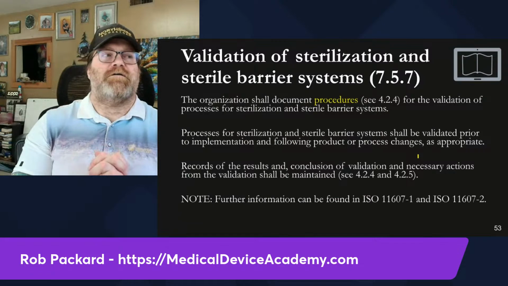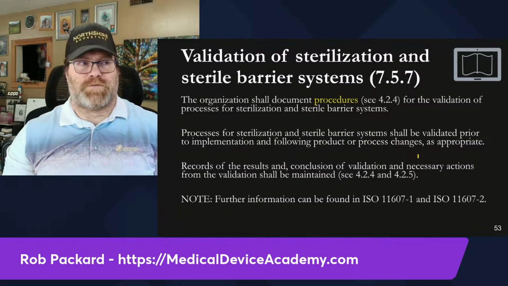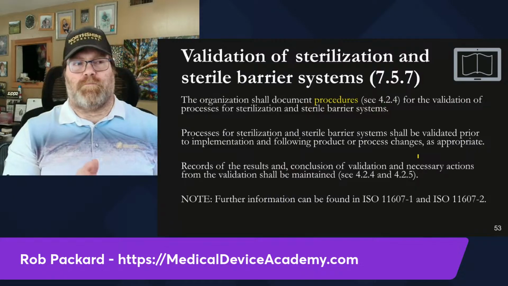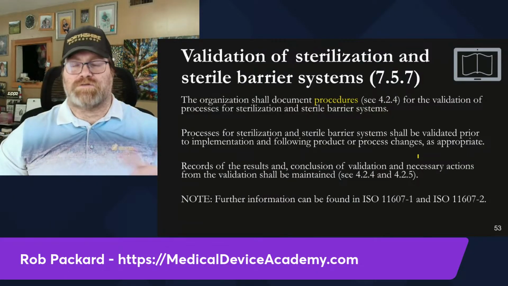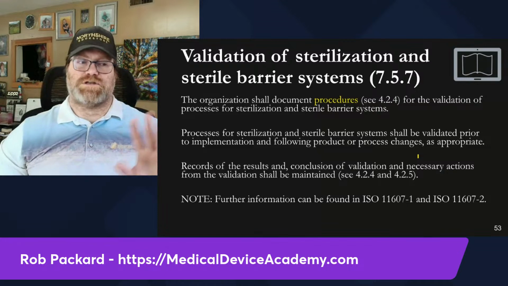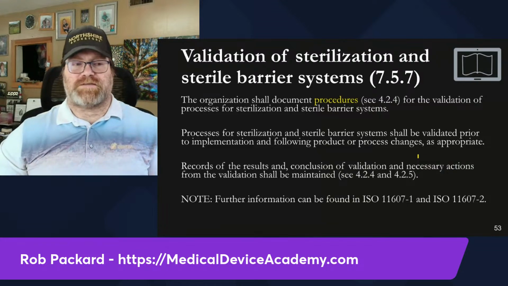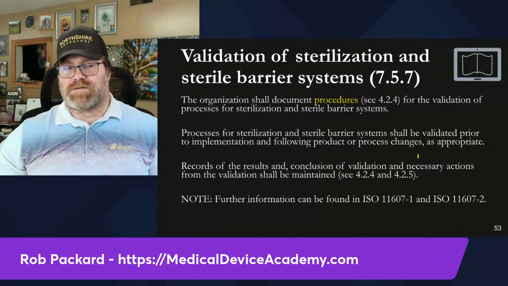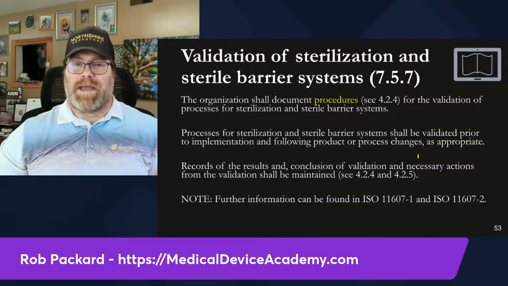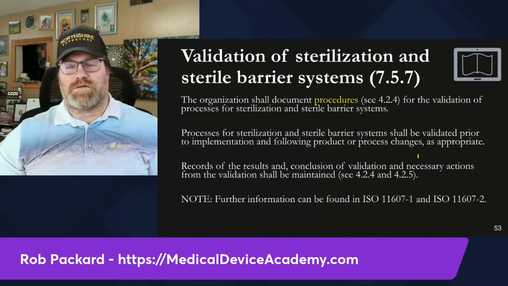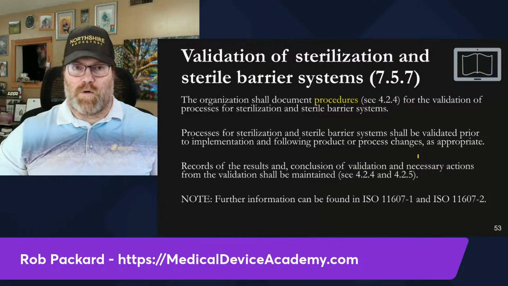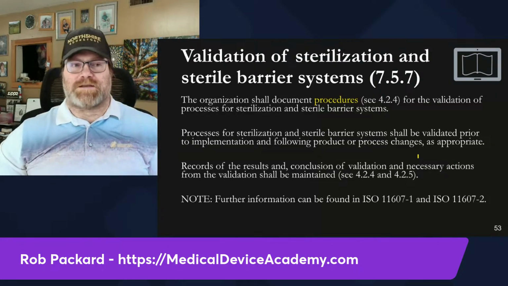And then we have validation of the sterilization process and validation of the sterile barrier system. Yes, of course, you need a procedure for that as well, just like you did for process validation in general, but there are specific standards you have to follow, 11607-1 and -2 for package integrity testing. So you need that. And if you look in those standards, there is a requirement for you to have a quality system and procedures for design and packaging.